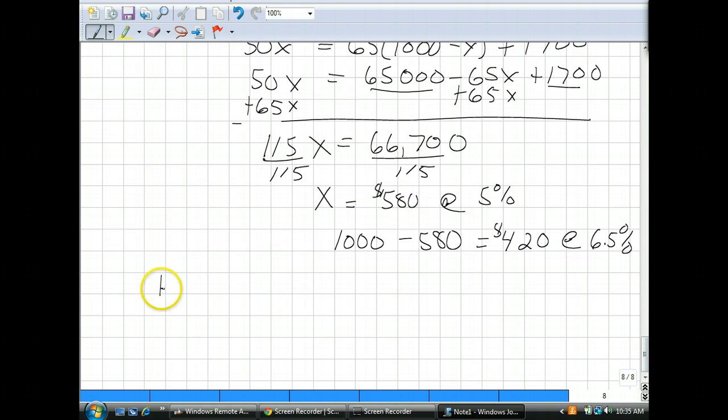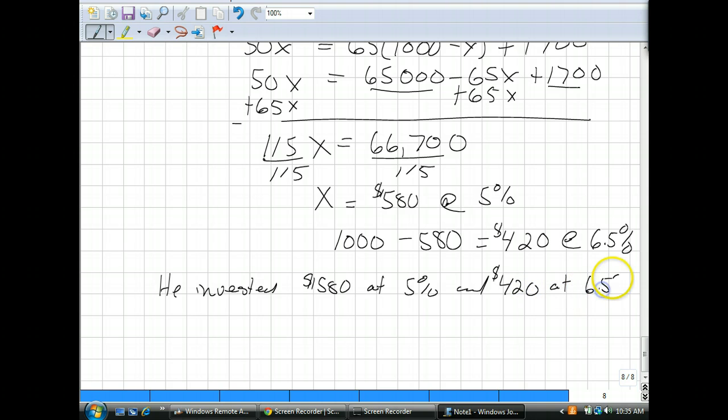So we would say he invested $580 at 5% and $420 at 6.5%.